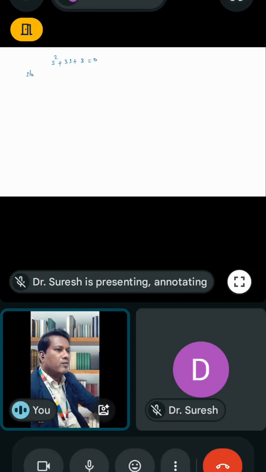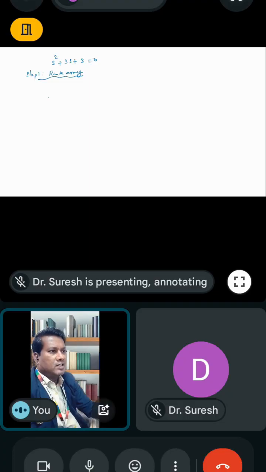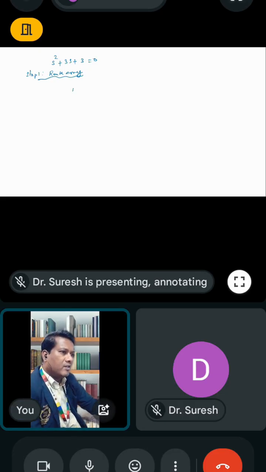Using the characteristic equation s squared plus 3s plus 3 equal to 0, step 1 is to construct the Routh array. Routh array construction is based on the order of the system. The first two rows of the Routh array are constructed from the characteristic equation. The first row always starts with the highest power of s and its corresponding powers.